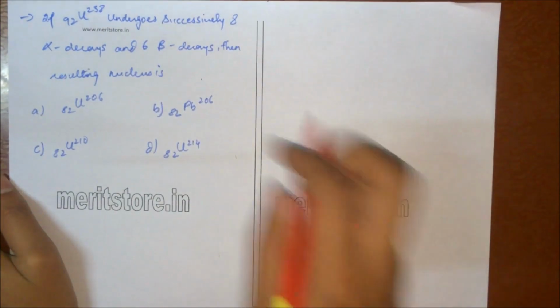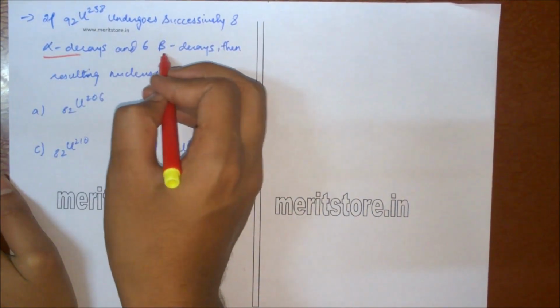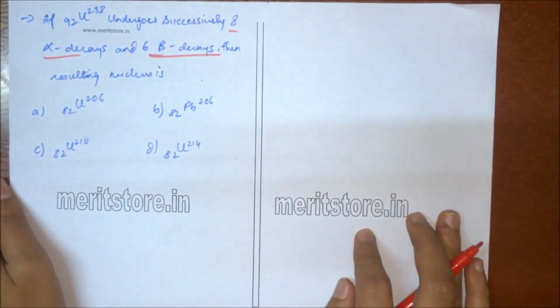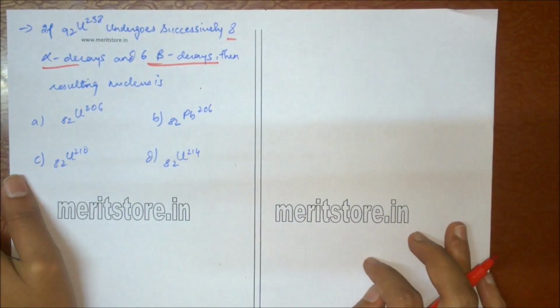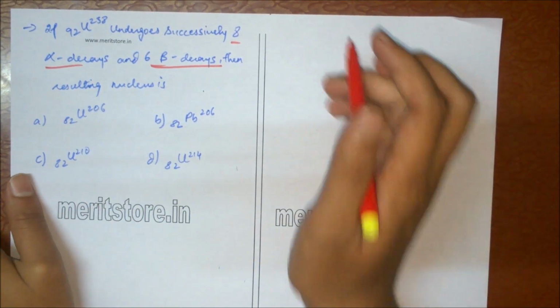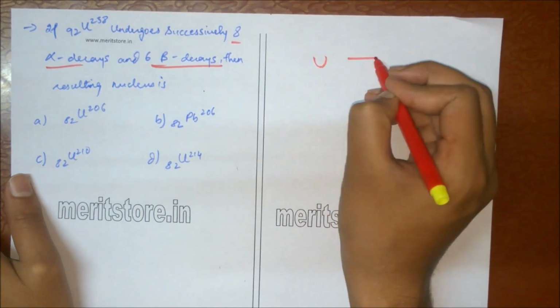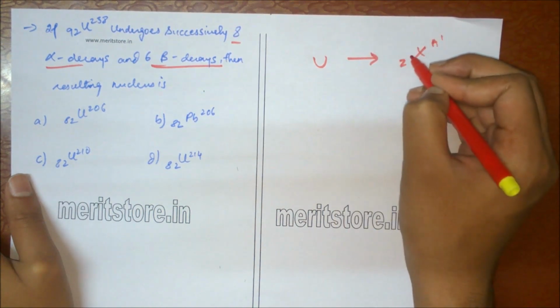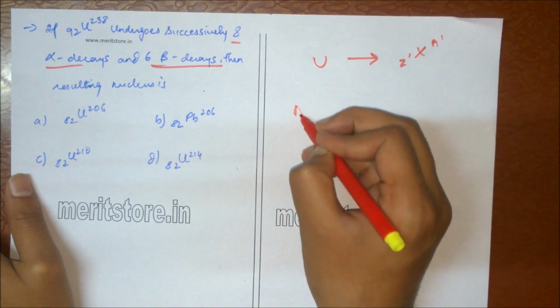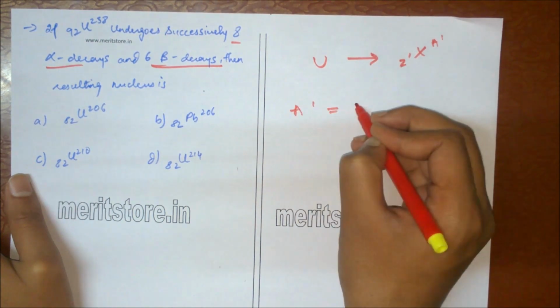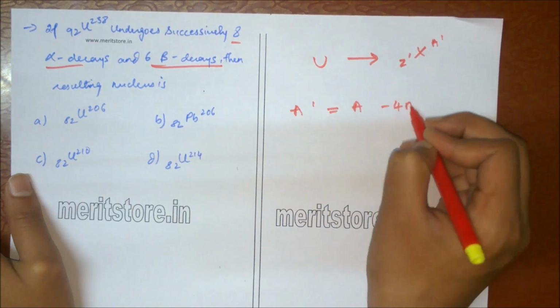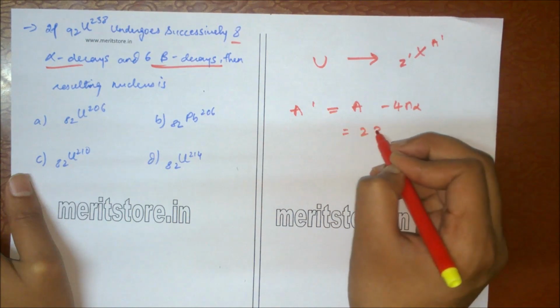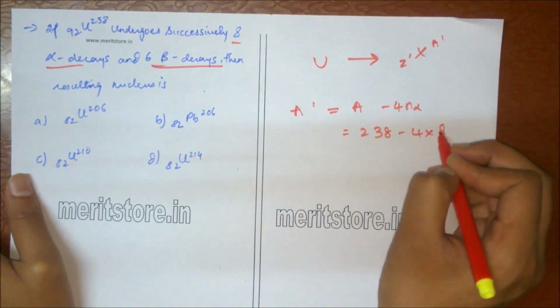The uranium undergoes successively 8 alpha decay and 6 beta decay, resulting in the nucleus is. So after 8 alpha decay and 6 beta decay, uranium becomes X with A dash upon Z dash. So A dash will be A minus 4 n alpha. So we can write as 238 minus 4 into 8.